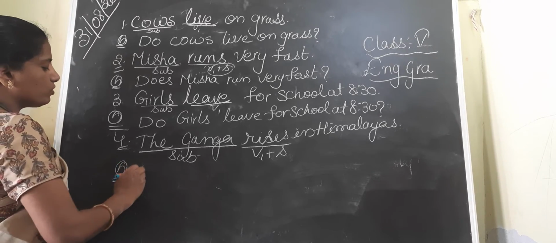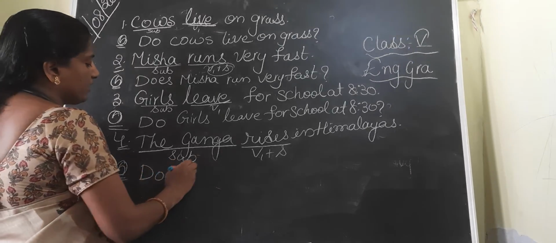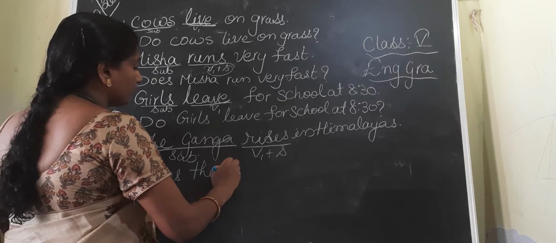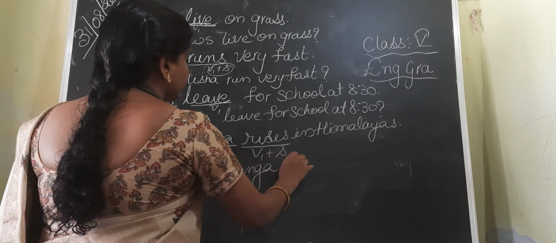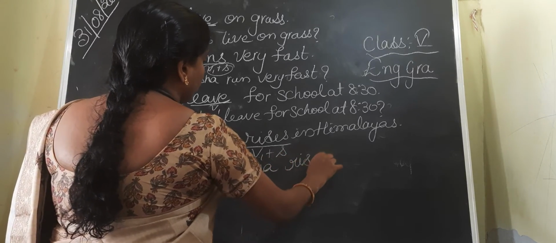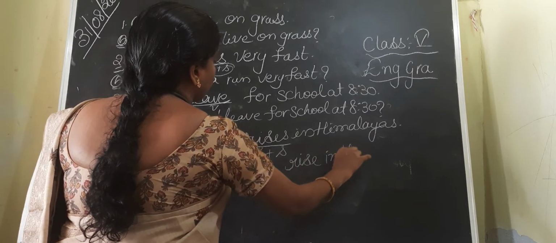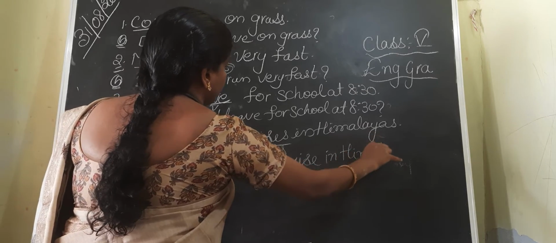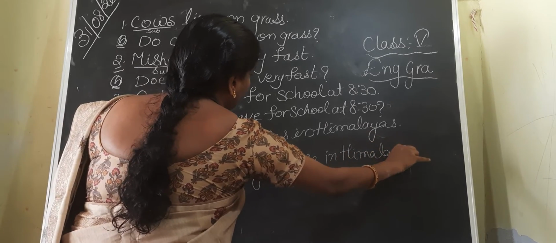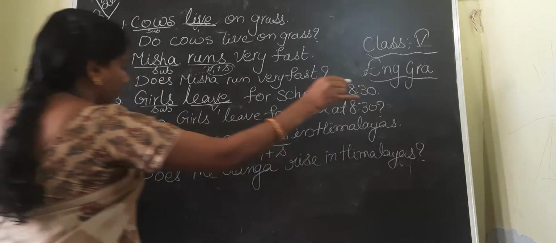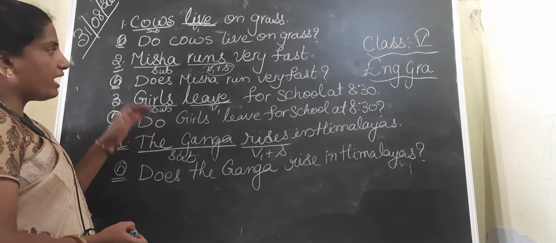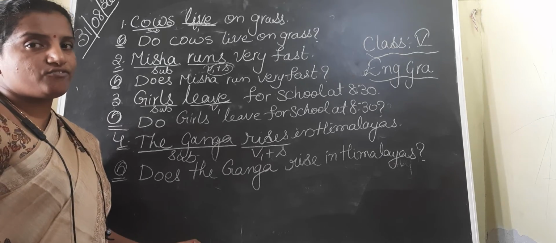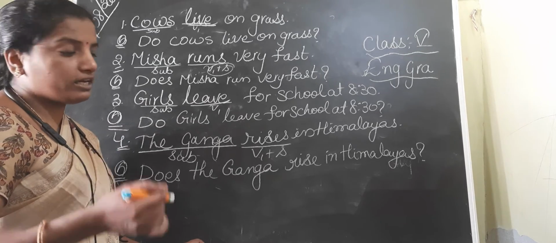So here our question is, does the Ganga rise in Himalayas? Keep question mark there. Okay. So in this way, I have written here the question forms of the different types of statements.